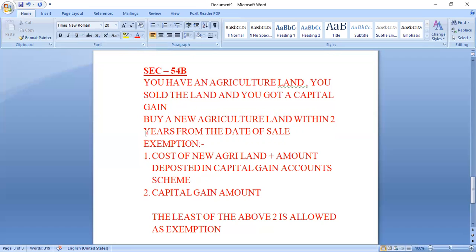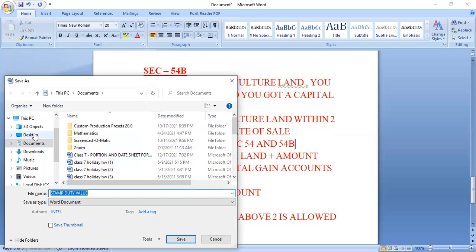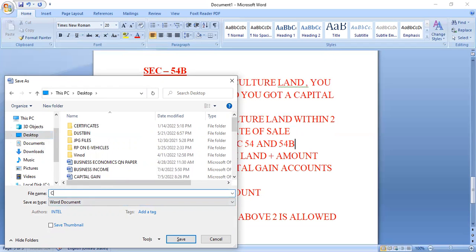This is applicable for both section 54 and 54B. So this is very important, please don't forget it. Don't panic in the examination.